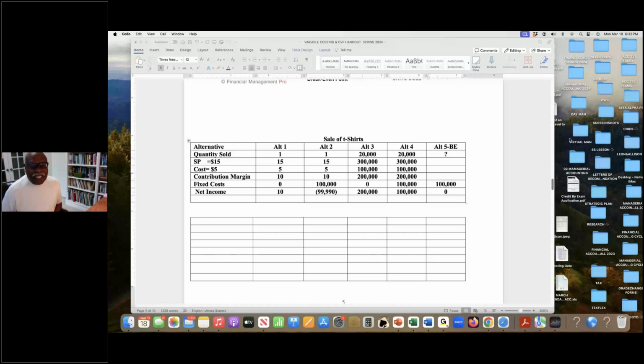Now, 10,000 times 5 is what? 50,000. So our contribution margin is what? 100,000. Our fixed expenses are 100,000. Net income is zero. So therefore, 10,000 is the break-even amount. If you put that number in, everybody, you should have this information down.